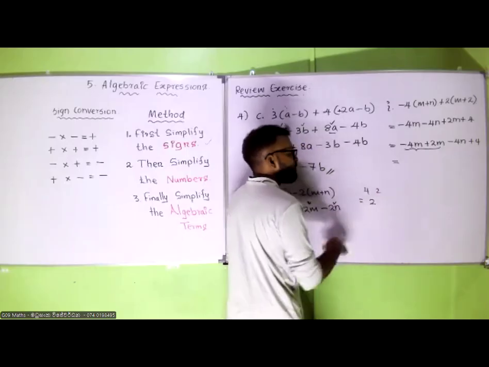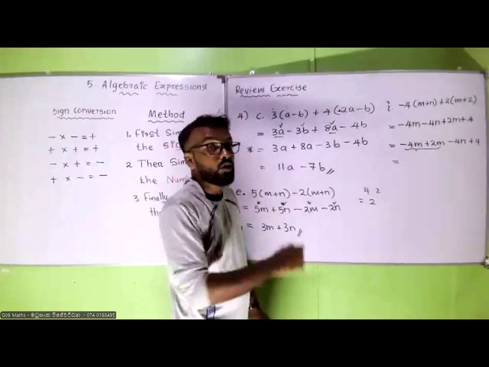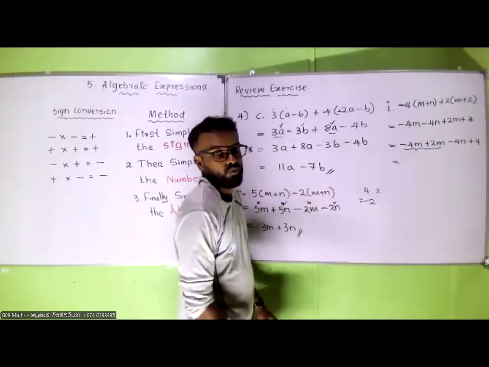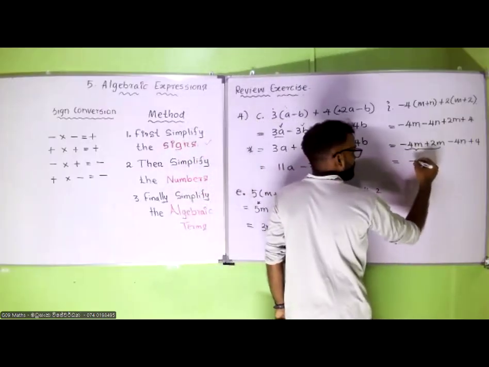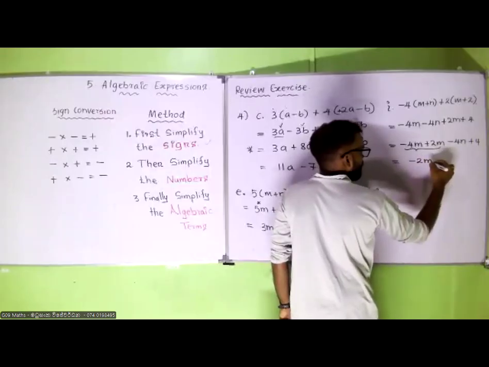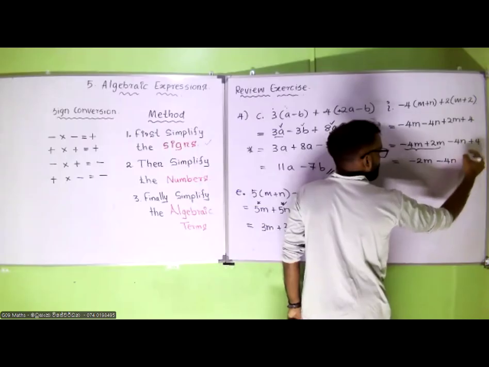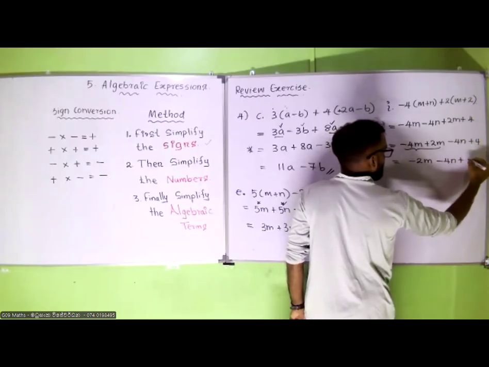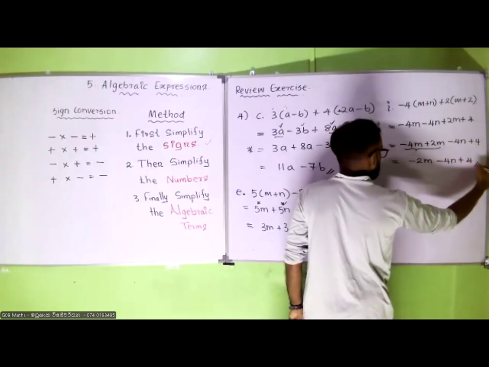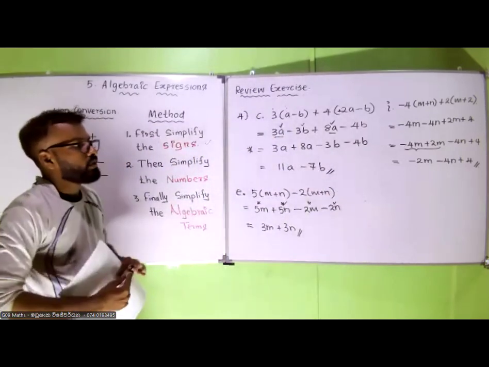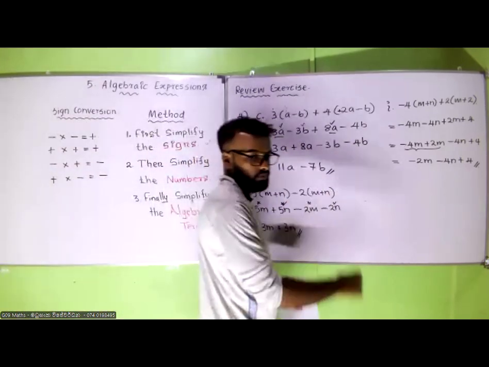How to decide the sign? By looking at the big brother. Look over here, 4. Sign negative. So the answer is negative 2n. Here negative 4n plus 4. Right. So that should be the answer.